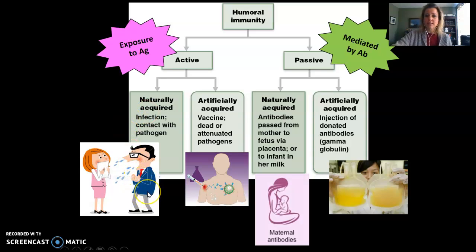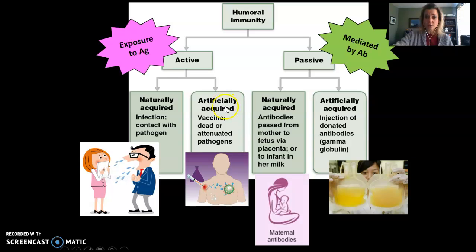We've got this guy who's sneezing and coughing, and if the droplets he's producing contain antigens that this woman has not been exposed to before, then her body has to run through the innate immune response and the primary immune response in order to establish memory. So we get our antibodies by just being infected by an antigen, and then our immune system plays out, and we have antibodies now in our system.